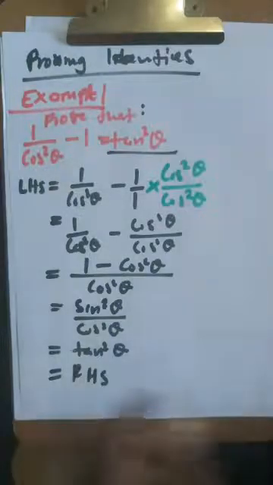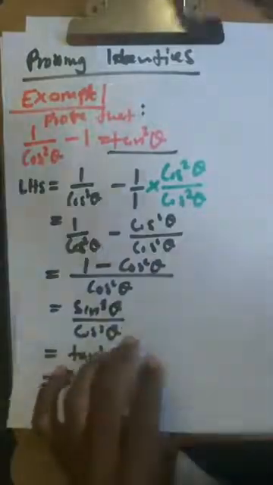Okay, let me take another example. We want to prove that tan theta plus cos theta over 1 plus sine of theta is equals to 1 over cos of theta.